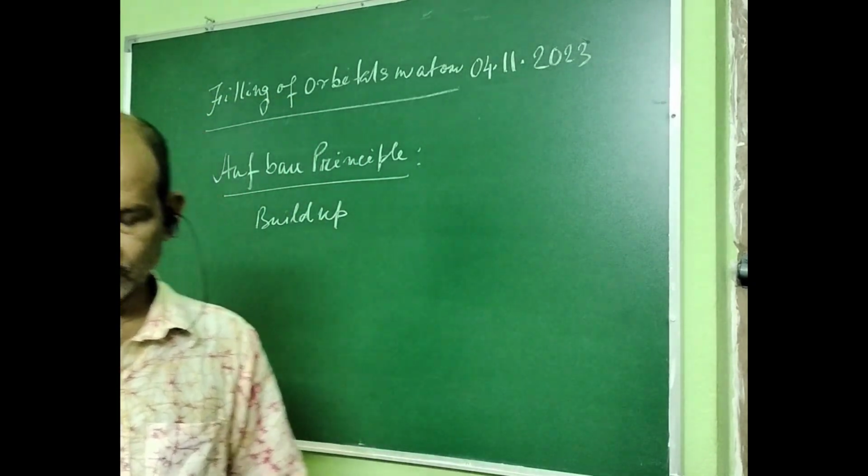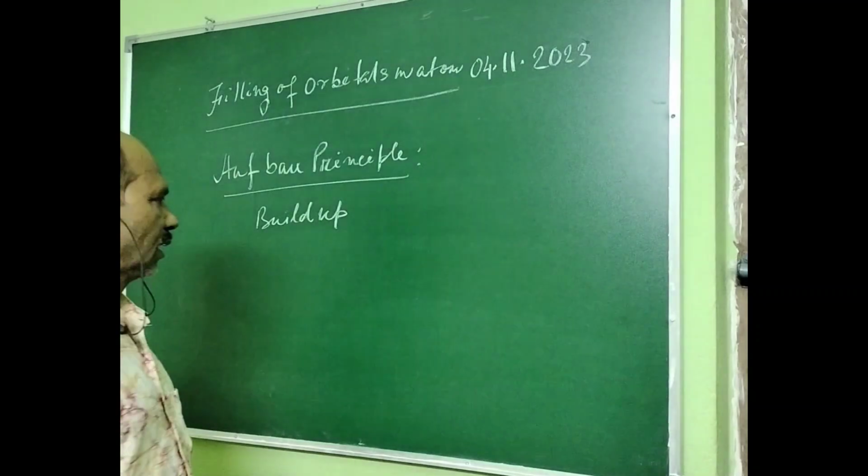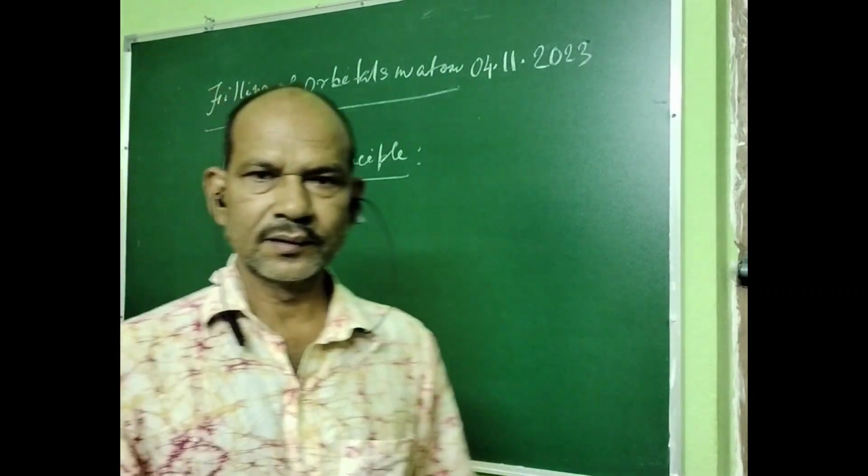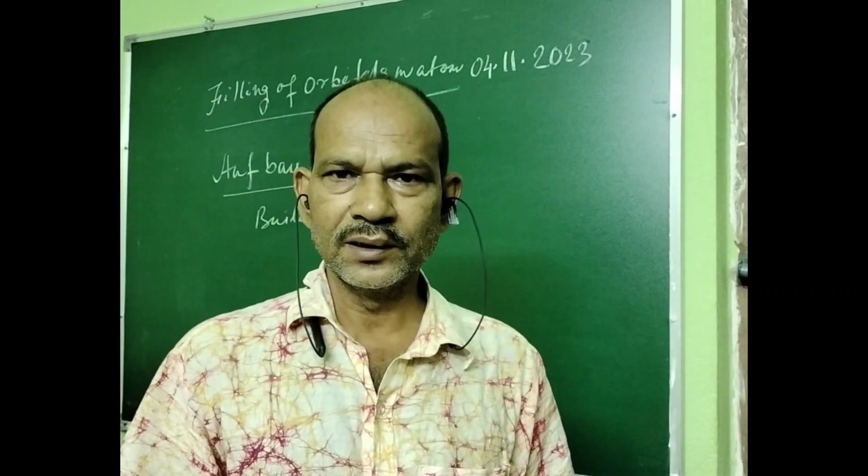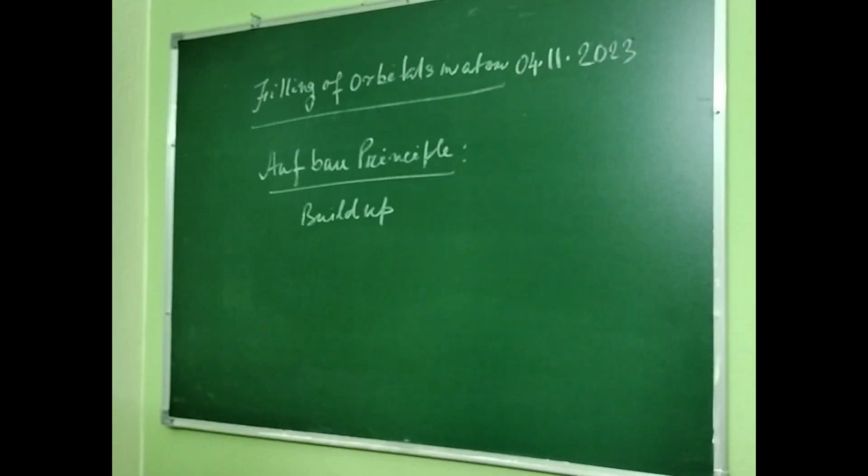Similarly, the electrons are filled up in the orbitals from lower energy to higher energy. The word Aufbau in German means building up. The building up of orbitals means the filling up of orbitals with electrons.